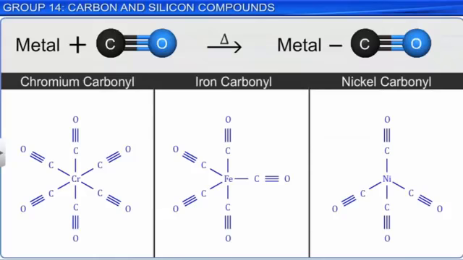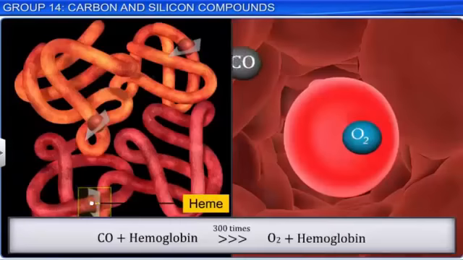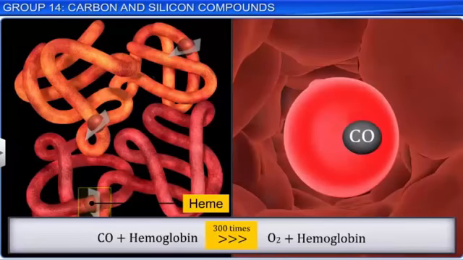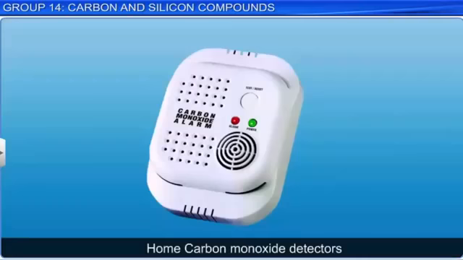It binds to the heme group of hemoglobin 300 times more strongly than oxygen. The hemoglobin molecule is thus prevented from transporting oxygen. This can ultimately lead to death if not treated promptly. Home carbon monoxide detectors are available and can be life-saving.